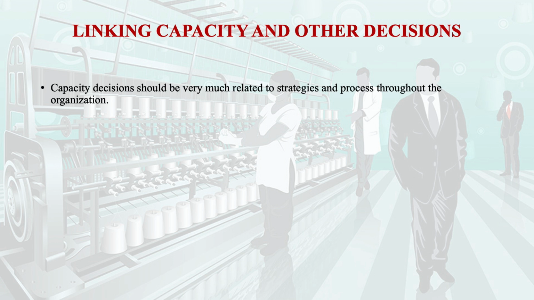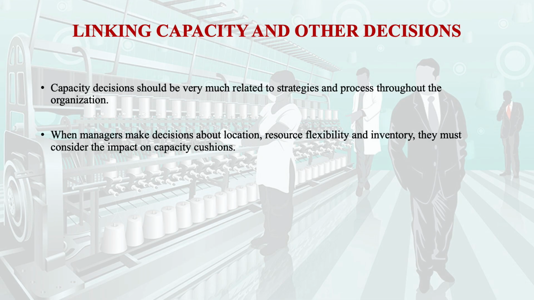Another important point is linking capacity and other decisions. Capacity decisions should always be very much related to the strategy and the process throughout the organization. When the manager makes decisions about location, resource flexibility and inventory, they must consider the impact on the capacity cushion.